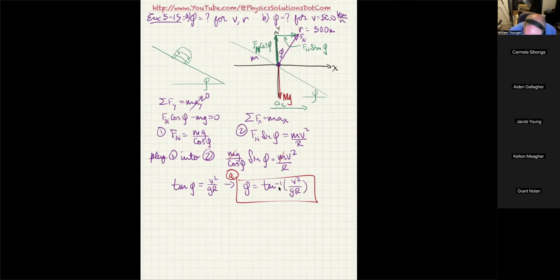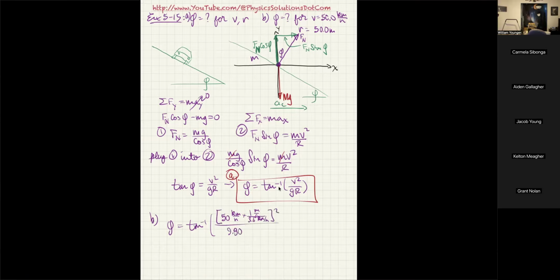And then part B, we want to work out what it is. So phi equals the tangent inverse of 50 kilometers per hour times 1 meter per second over 3.6 kilometers per hour, all of that squared, and then divided by 9.80 meters per second squared times 50.0 meters.